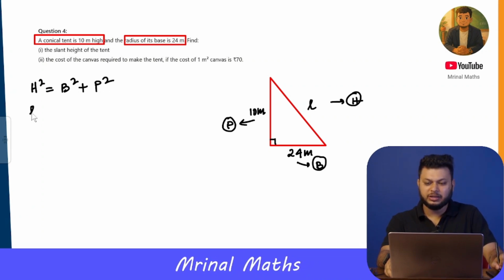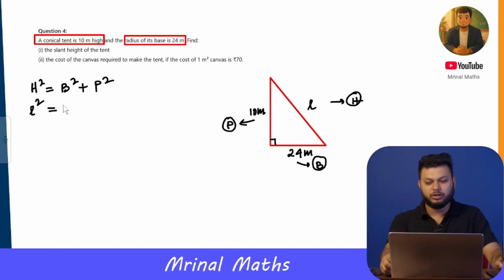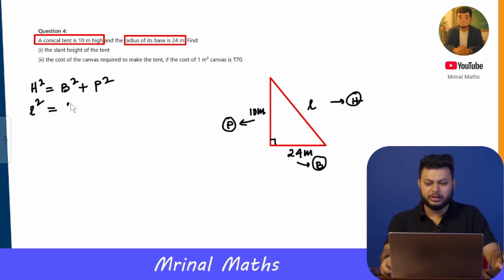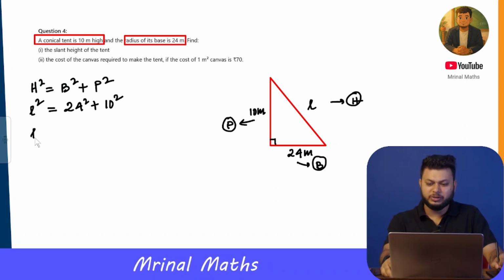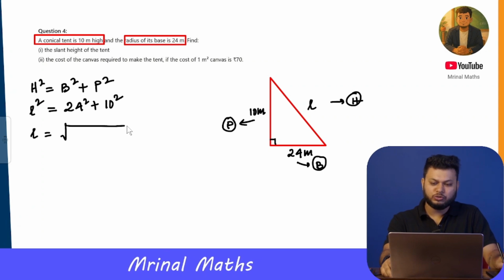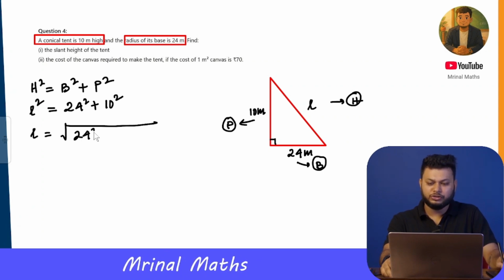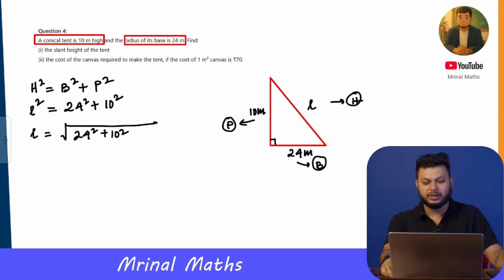Hypotenuse is nothing but L. So base is your 24 square and perpendicular is your 10 square. So solving this out, L is equal to square root of 24 square plus 10 square.